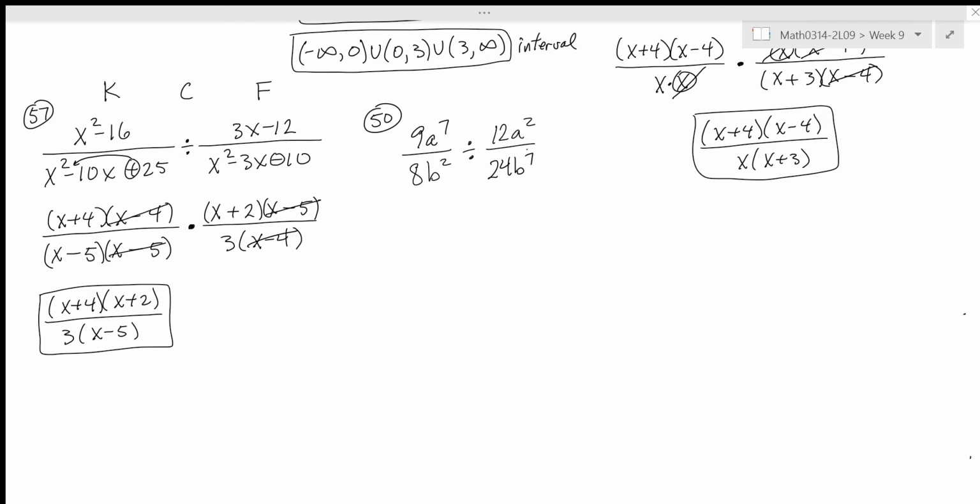It means all you got to do is KCF, keep, change, flip. And then you're going to go through and simplify. How many of y'all have the nice scientific calculators?